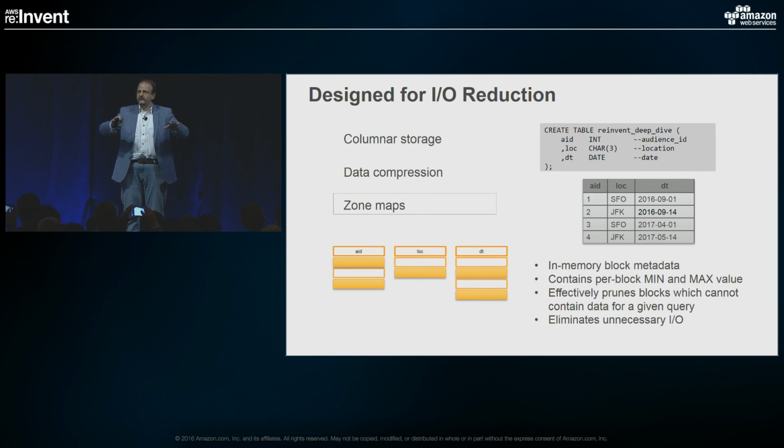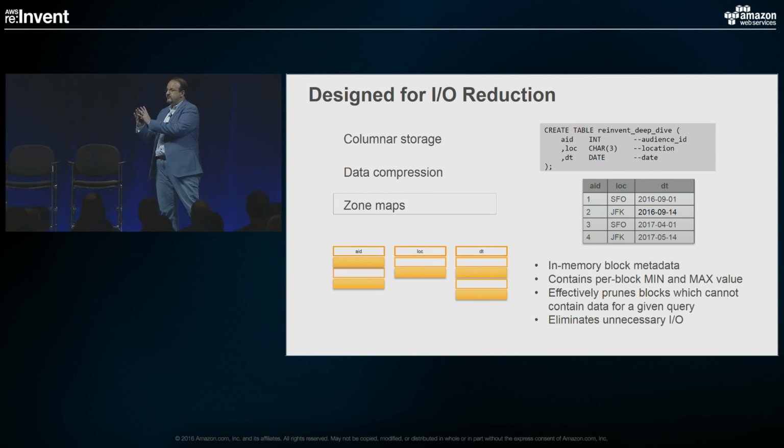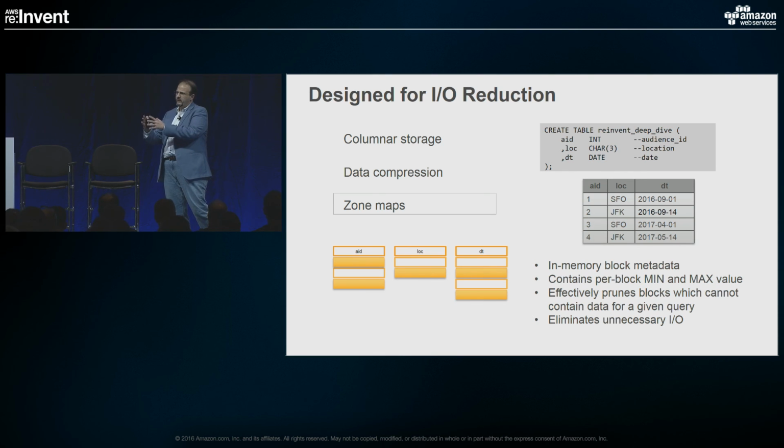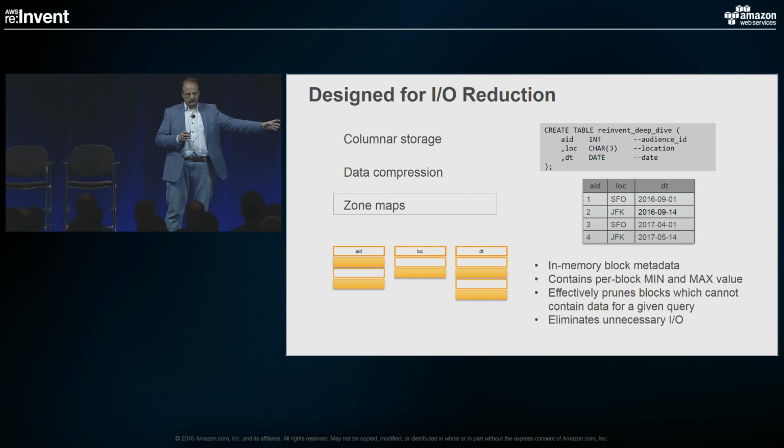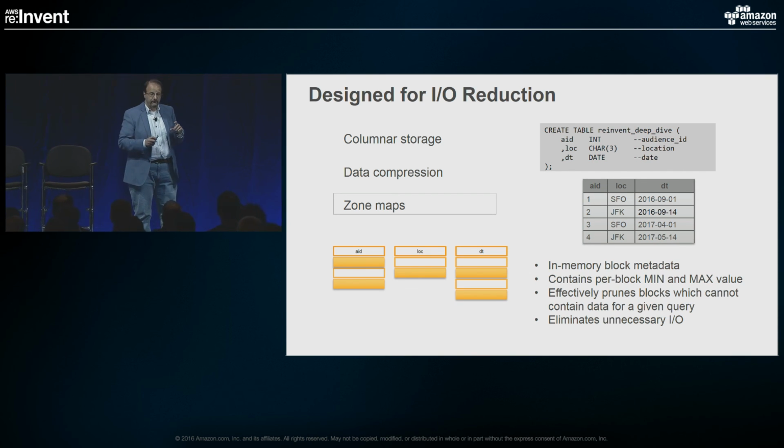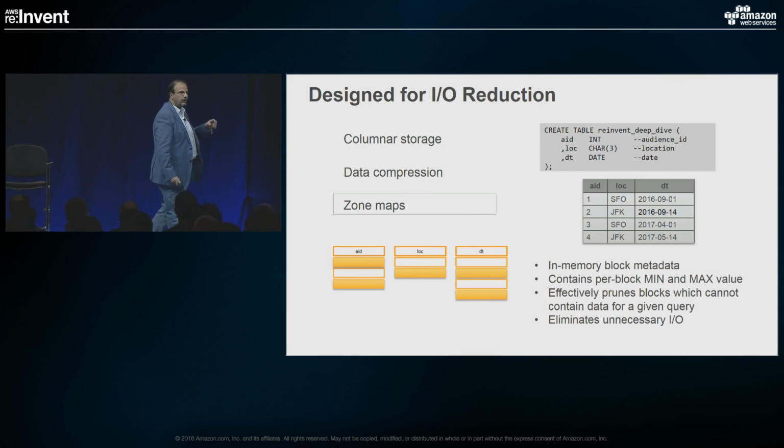But imagine you don't have to touch every block to get the right data you're looking for. On other databases, you have an index or projection or some other name where you have a redundant copy of the data in a different format, a B-tree or a hashed index or something that allows you to navigate to the data you want and then only get the block you want. On Redshift, every block of every column has a header that remains in memory all the time that has the min and max value of that column on that block.